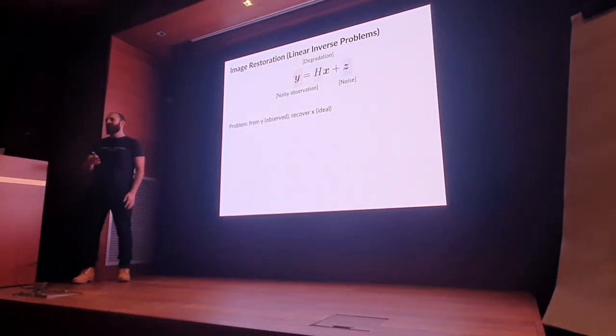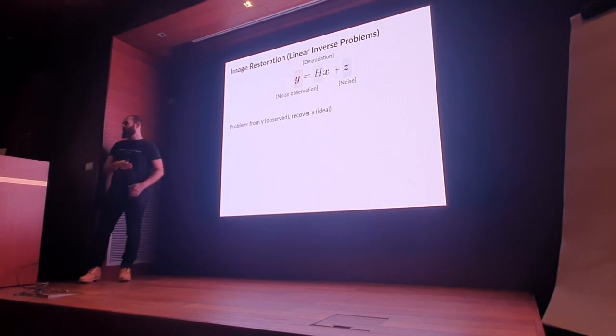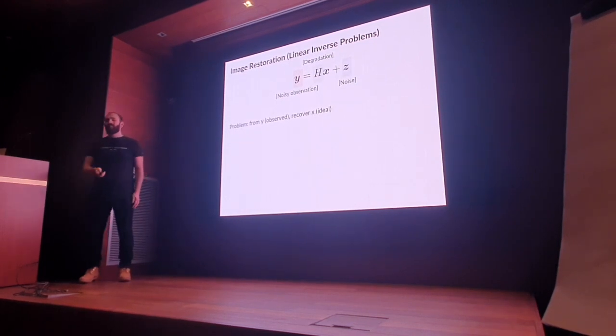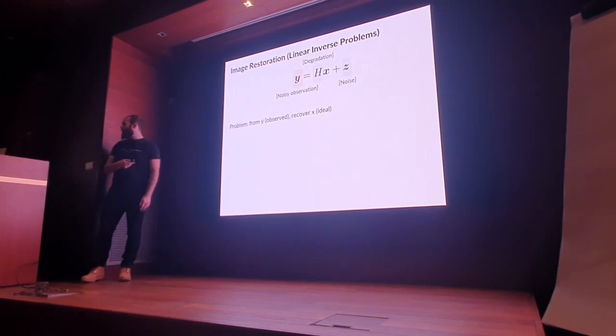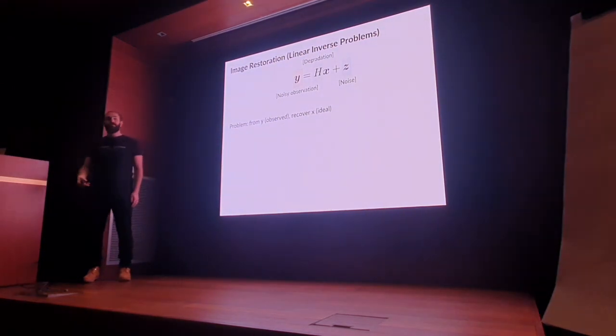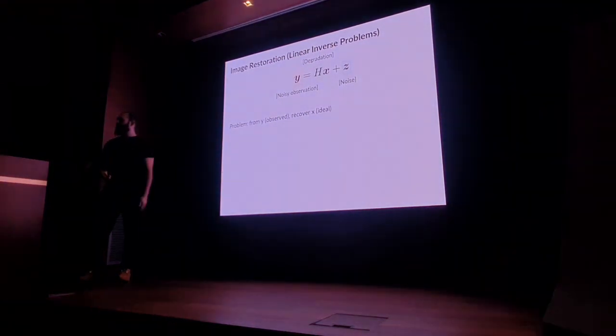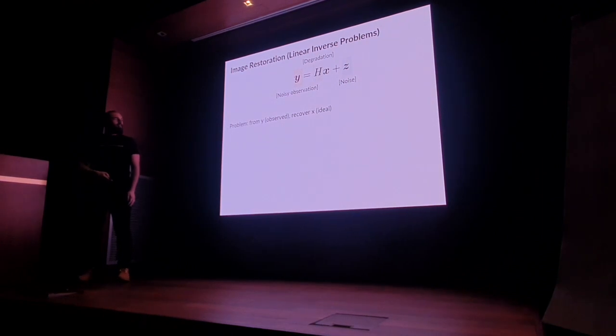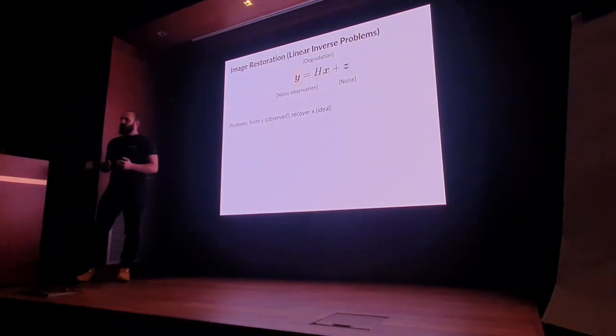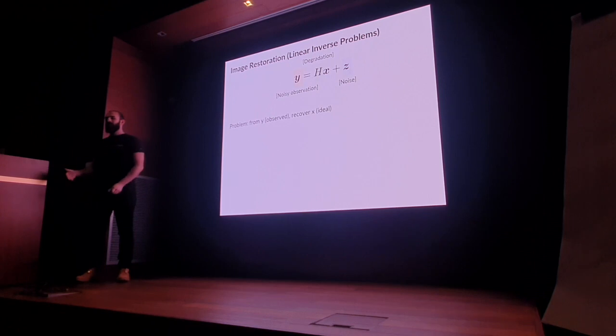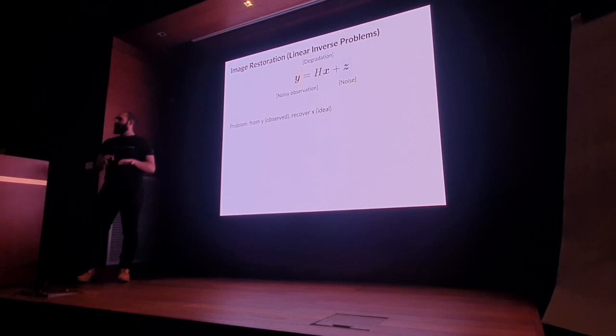We assume there is an ideal image X that generated this Y. It underwent some sort of degradation operator H, which we assume to be linear, and it has some Gaussian noise as well. So when only observing Y, we would like to recover the X, the actual ideal image that resulted in this Y.